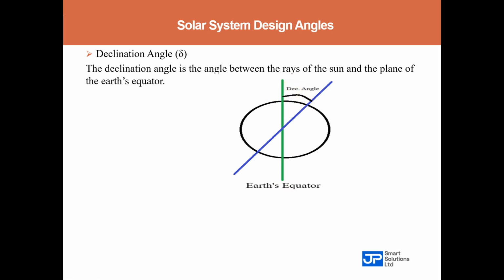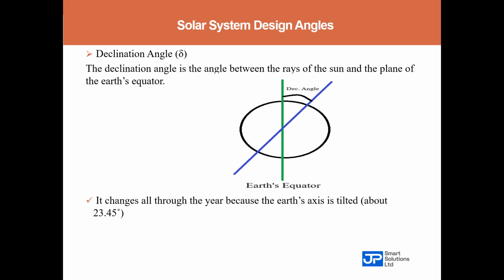Now, this declination angle changes throughout the year because the Earth's axis is actually tilted about 23.45 degrees. So it tells us how far north or south the sun is relative to the equator on a given day.